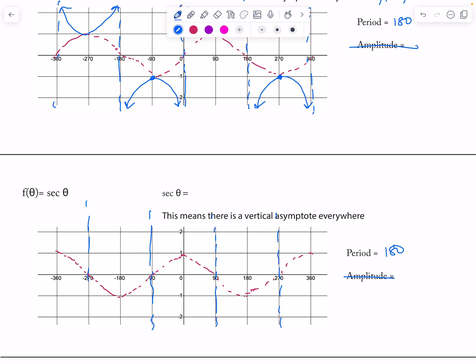So now my graph is going to be the opposite direction of cosine. So it's cosine flipped outward. There's an asymptote at plus or minus 90 degrees and plus or minus 270 degrees.